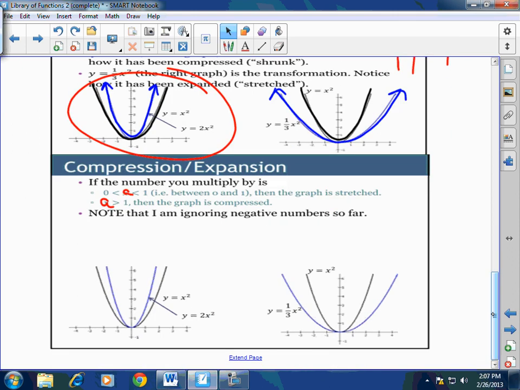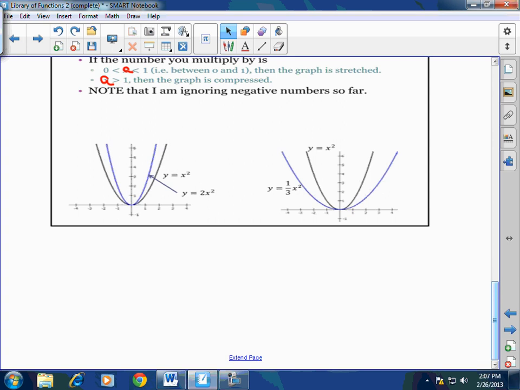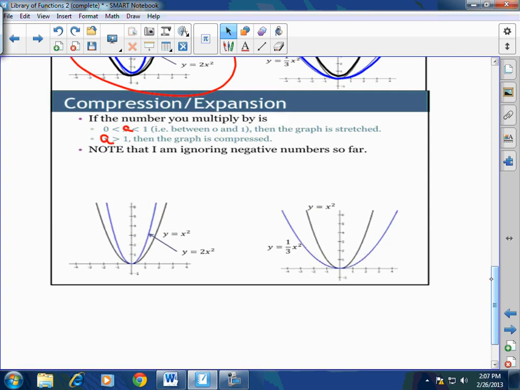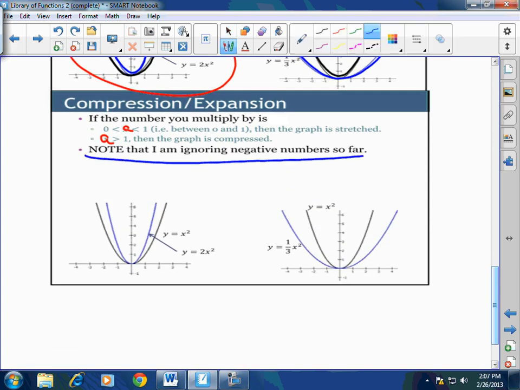The absolute value thing, that's what they have here by saying, note that I'm ignoring the negative numbers so far. Negative is just going to make it go up or down. We're going to look into reflections in a second. When we're looking at compressions, it's the absolute value.